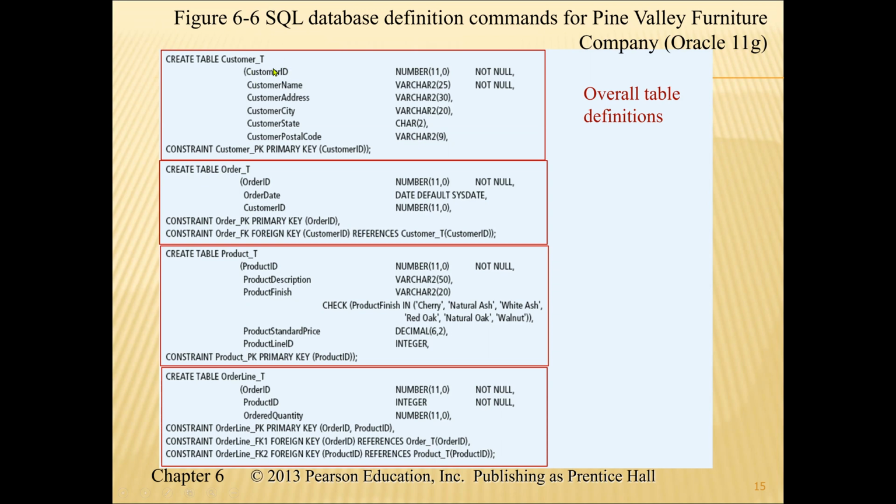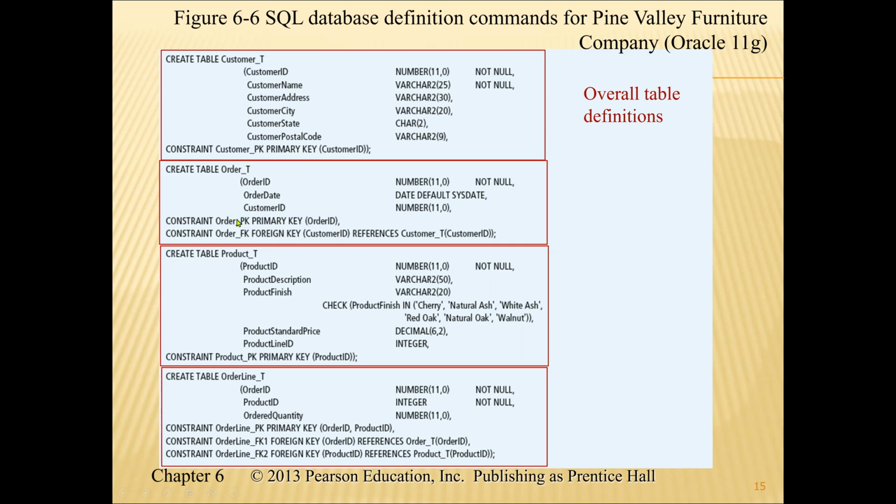Then the customer ID is inside the order T as a foreign key we are creating. So here we have the constraint. We create our primary key as our order ID. But we also have another constraint where we are creating a foreign key, and the foreign key will be the customer ID. So this will lead us to create a relationship between customer T and the order T.